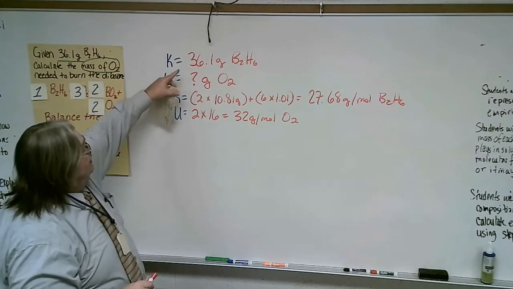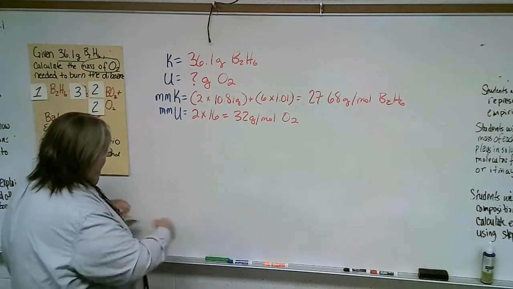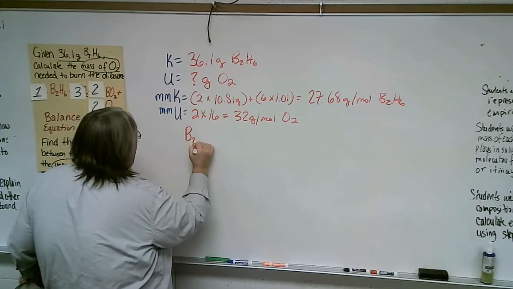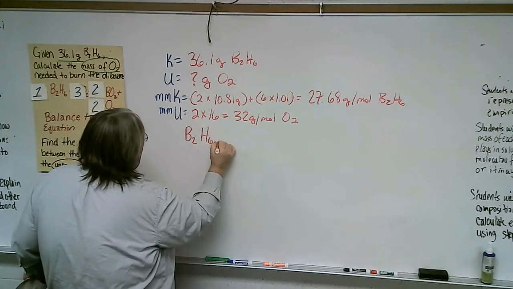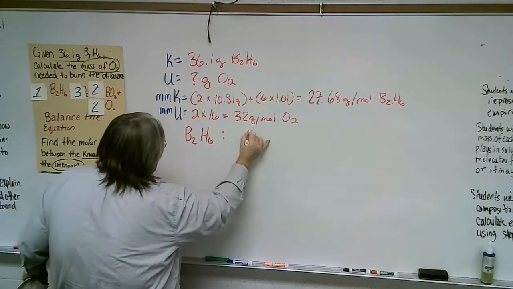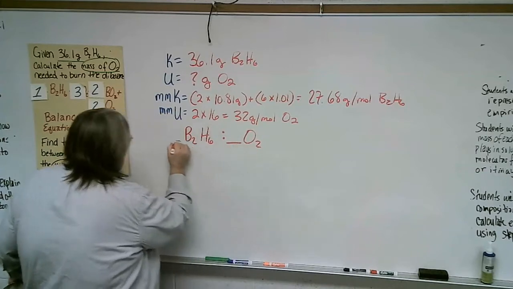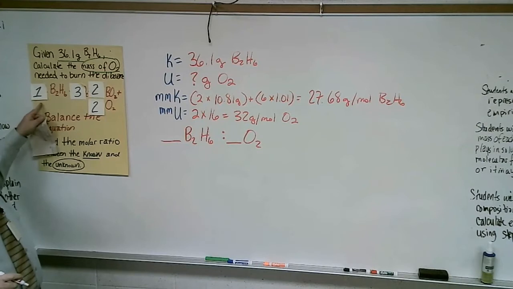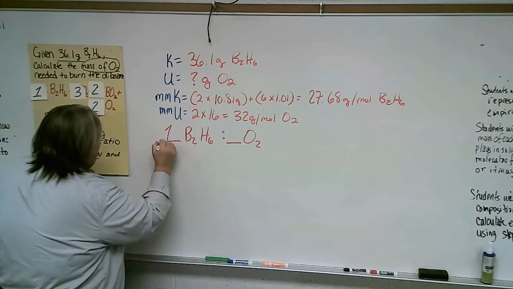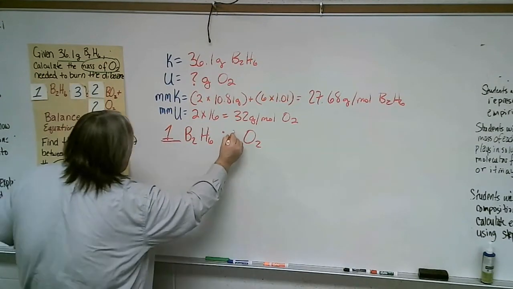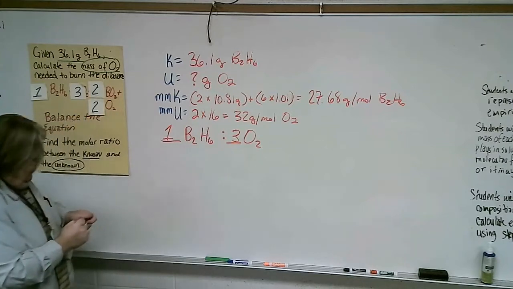Looking at our K and our U, K is B2H6, and our U is O2. If we look at our balanced equation, we see that the mole ratio is going to be 1 mole of B2H6 to 3 moles of O2.